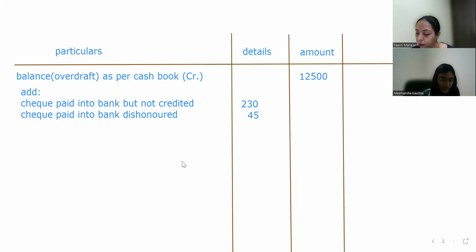Next, during the month of Jan, I had issued checks worth 1670 to my creditors, but of these, checks worth 1370 were presented for payment on 5th February. So checks issued but not presented. Write it a little down.